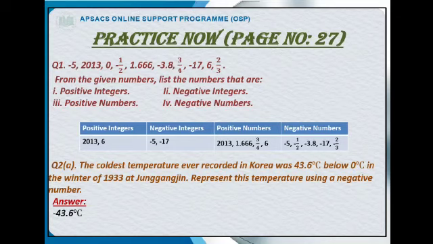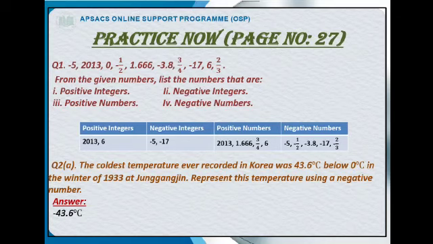And negative integers are the numbers without decimal but including the negative sign, that is minus 5, minus 17. In the positive numbers, all the positive numbers, either non-decimal or decimal numbers, are included. That is 2013, 1.666, 3 upon 4 and 6.